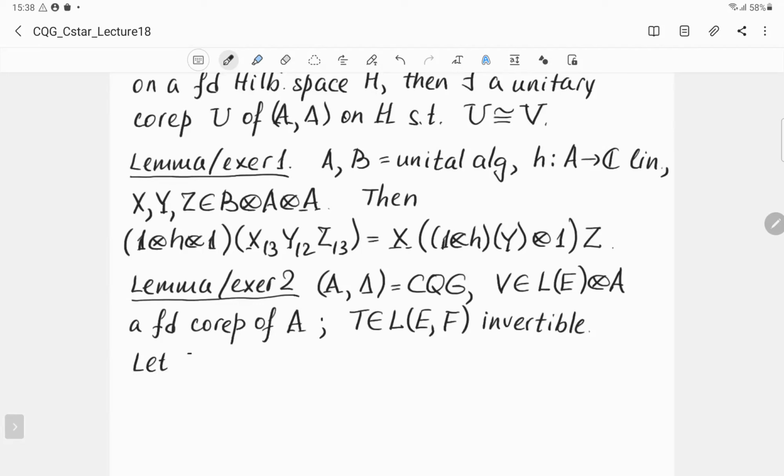Let's denote by U the product T tensor 1, V, T inverse tensor 1. So this is an element in L of F tensor A. And I claim that U is again a co-representation of A on F.